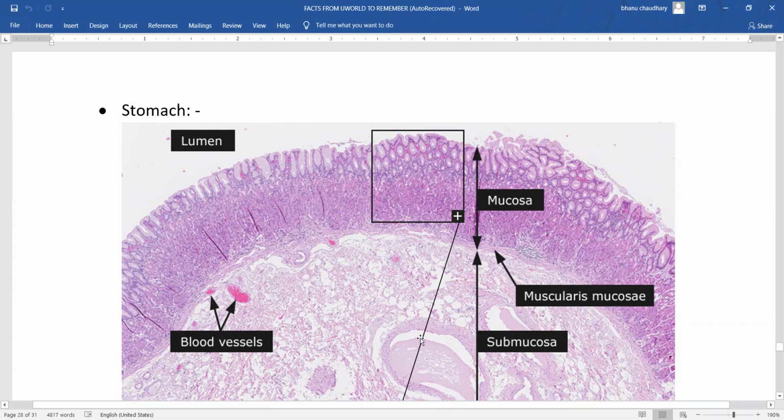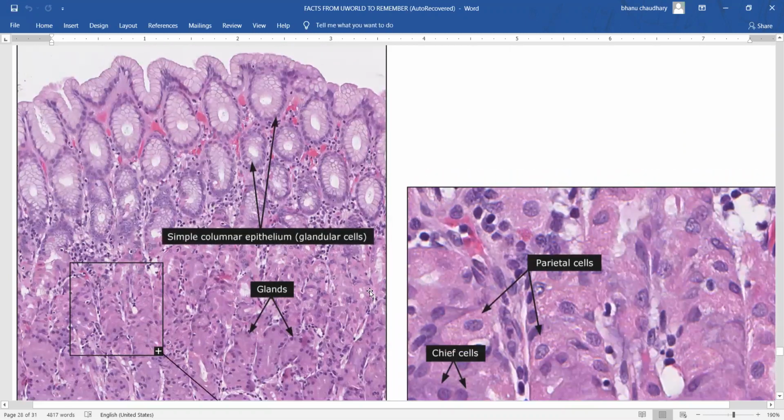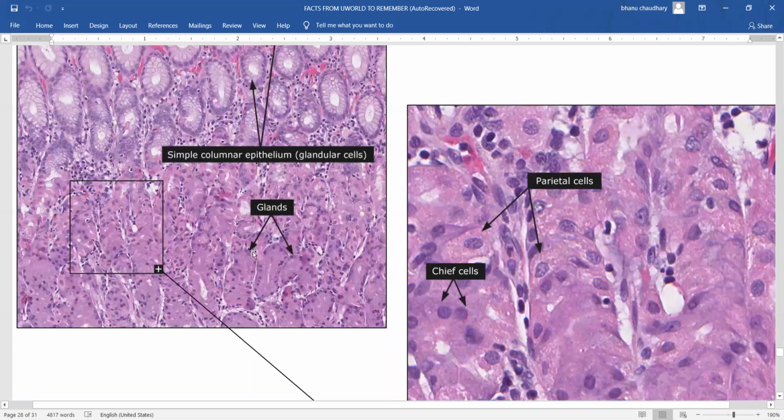If I zoom in, I can see that very clearly. All of these layers are lined by columnar cells, and these are the mucous neck cells. Then you have the glandular layers.